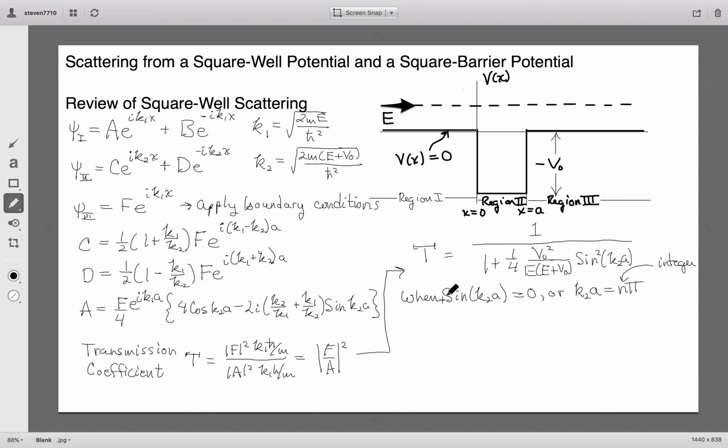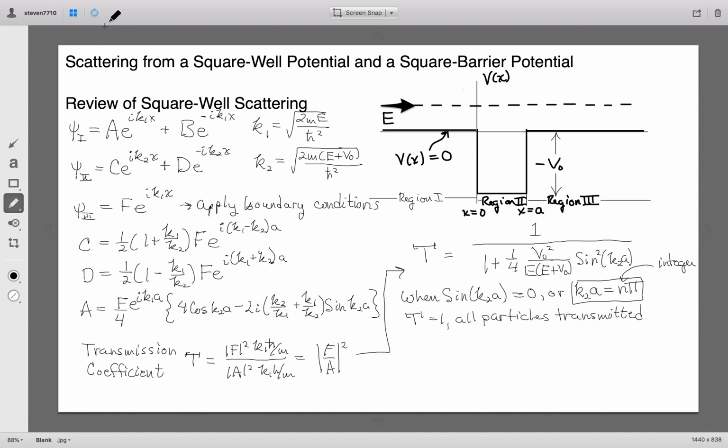But what's most important is when the transmission coefficient equals 1 and all particles are transmitted. There's no reflection. Which is a pretty interesting result, but only under this circumstance. And so we investigate a little bit as to what that means under that circumstance.